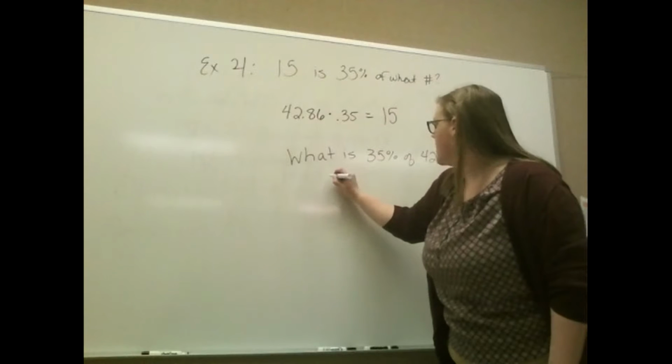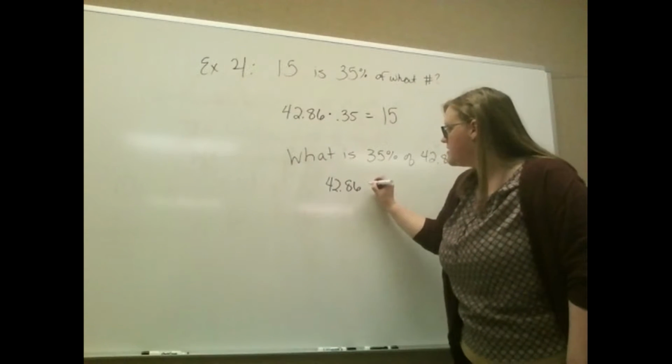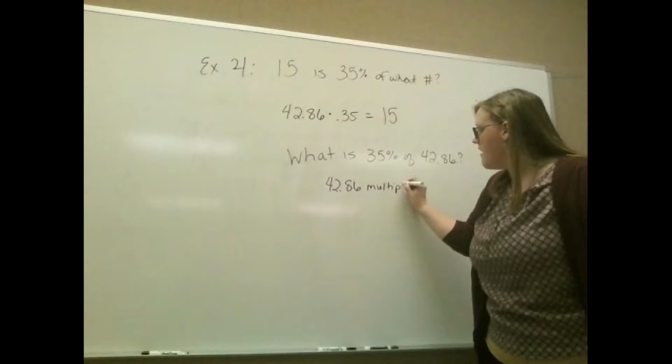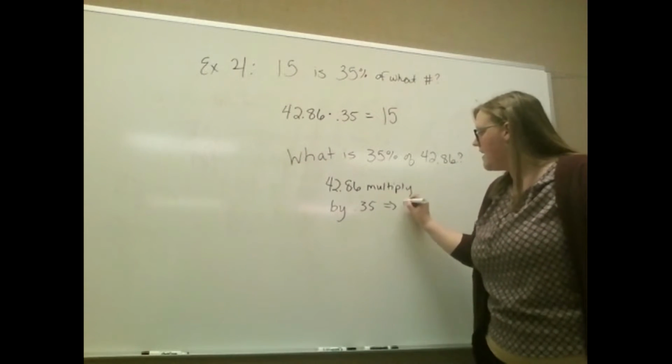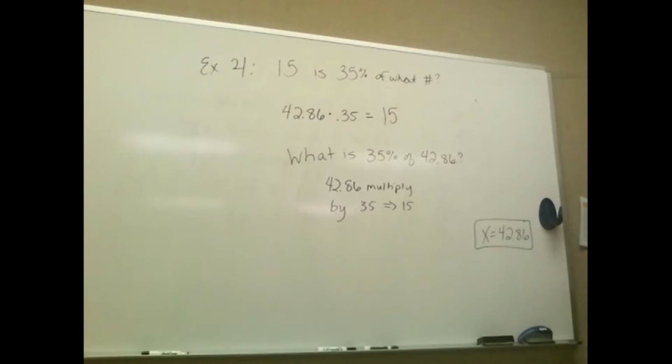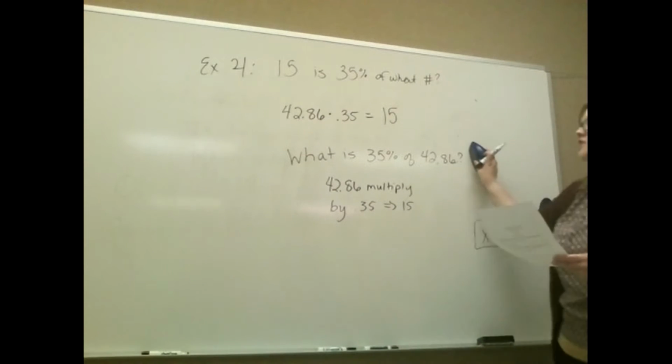Okay, so you would take 42.86, multiply by 0.35, and that gives you 15, which is good, because if it didn't, there'd be a problem. All right, okay, so we're going to look at some more.